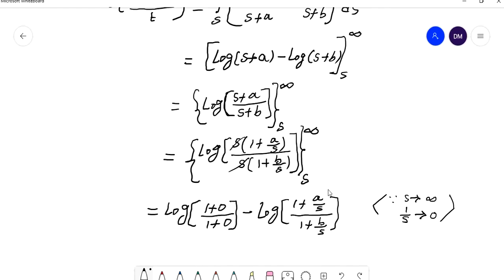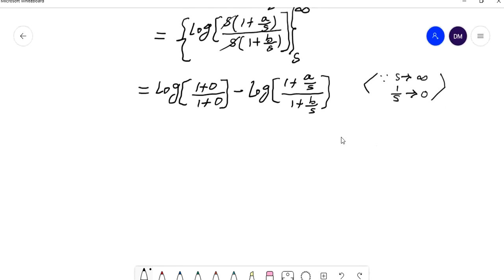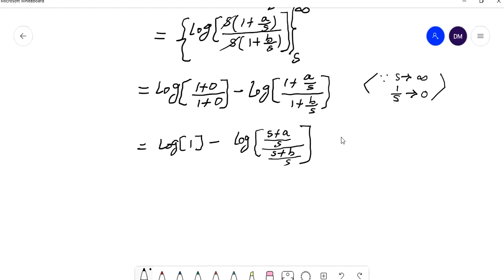What is the next step here? 1 plus 0 is 1, 1 by 1 is 1. So we get log of 1 minus log of, taking the LCM, s plus a by s over s plus b by s. s is cancelled.